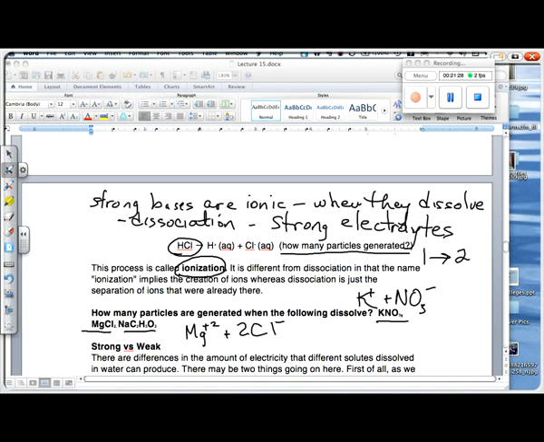When sodium acetate breaks up, you get a sodium, and then that acetate, which is molecular, really all nonmetals, is just one big particle. So you get 2 ions. Okay, we will return to this idea a couple more times because it is an important idea. When you break things up, especially making these solutions, how many particles do you get?